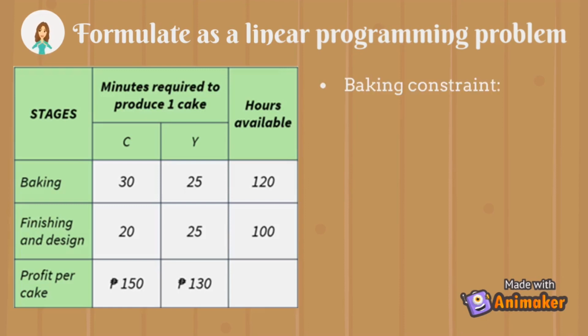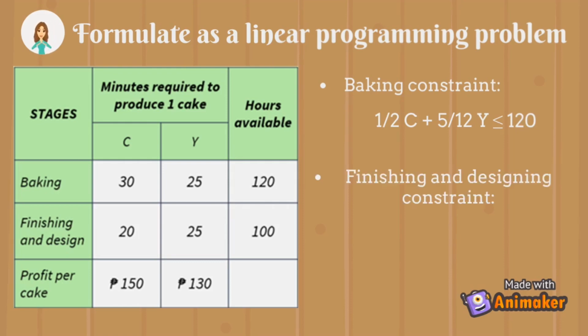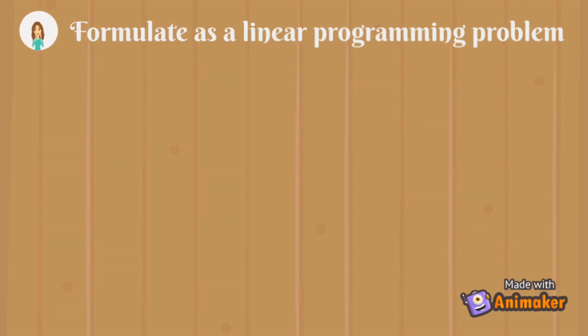First is the baking constraint, which is denoted by 1/2 c plus 5/12 y is less than or equal to 120. Second is the finishing and designing constraint, denoted by 1/3 c plus 5/12 y is less than or equal to 100.